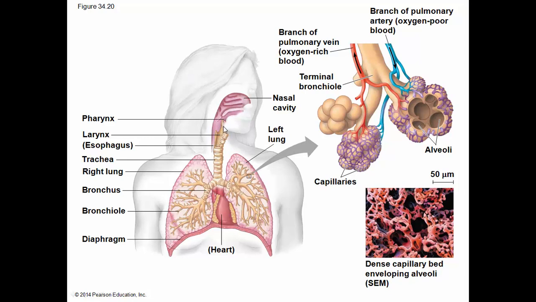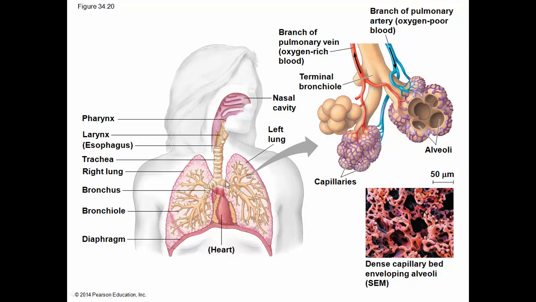Then there's the larynx here, and this is where the glottis and the epiglottis seal off whenever you swallow food. It seals off this area to protect the larynx. Then the larynx travels down here into the trachea and into the bronchus.